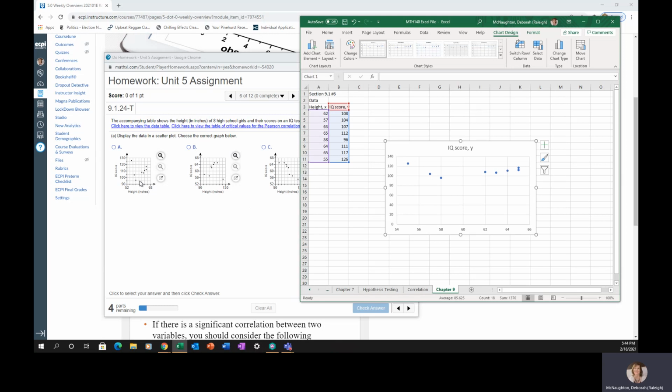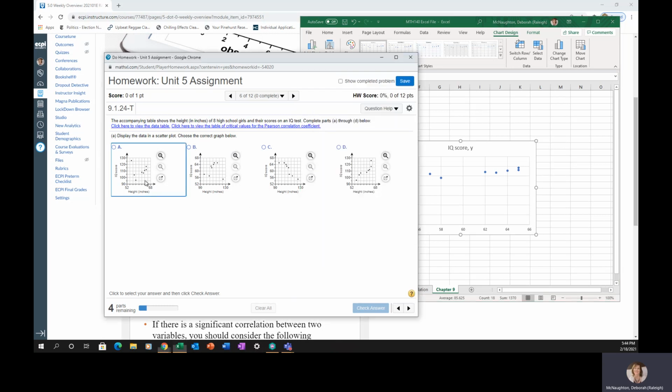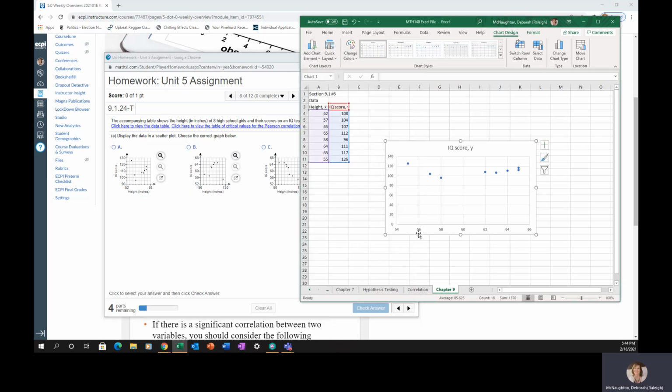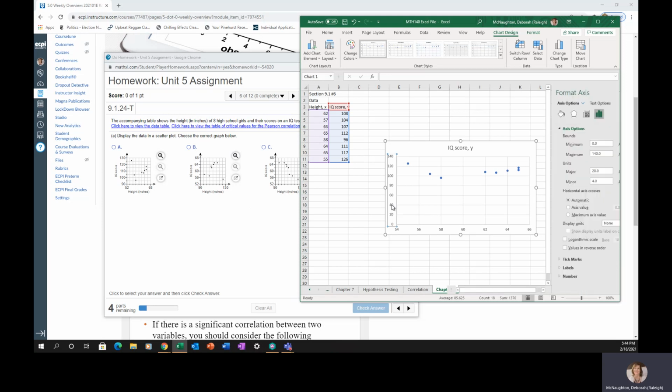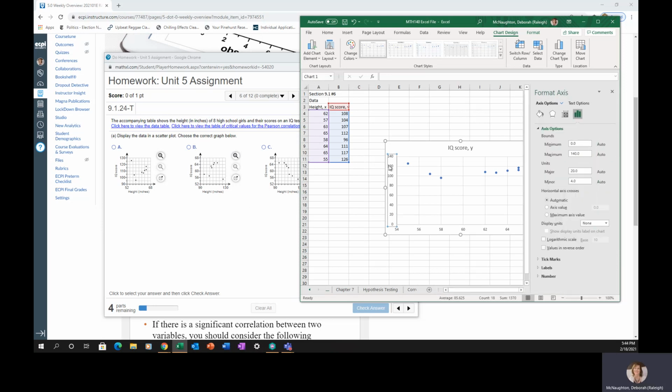So that's the first thing. And then you'll notice here that my graph does not look like their graph. And that's because of the range. So theirs goes 52 to 68. So that's about what I have at the bottom here. That's fine. But the y-axis goes from 90 to 130. So I'm just going to show you how to change that. So the way we change that is we click here. And then when we double click on this, this will pop out.